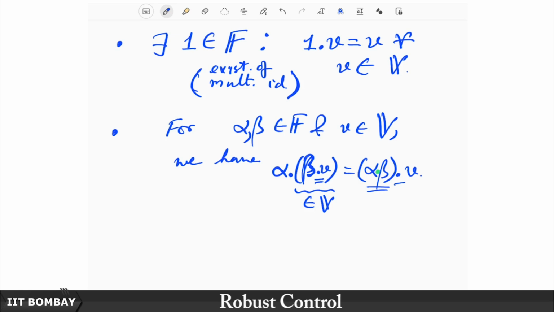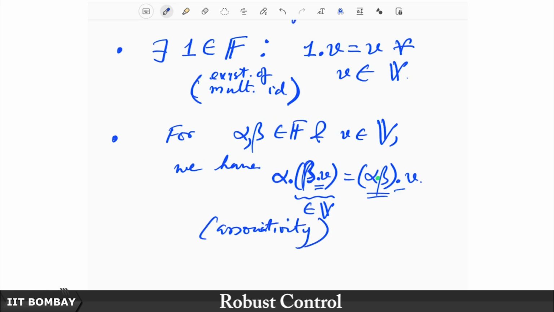So, it is not a very trivial thing if you think about it slightly. It depends on the way multiplications are defined in the field and multiplications are defined in the scalar multiplication sense. So, this is again, as you can see, the associativity property at play.